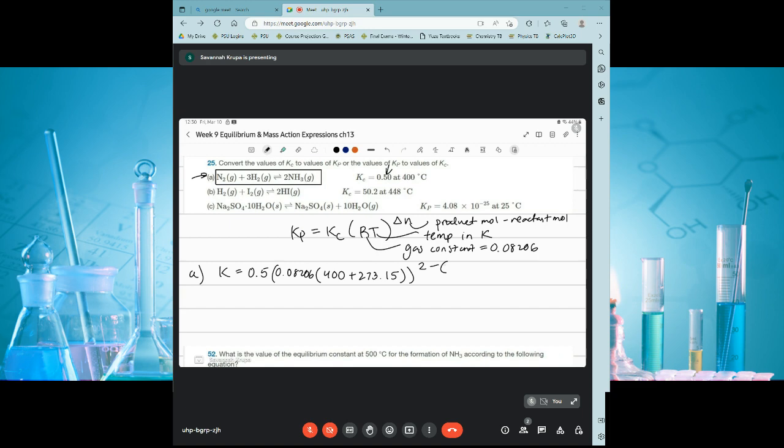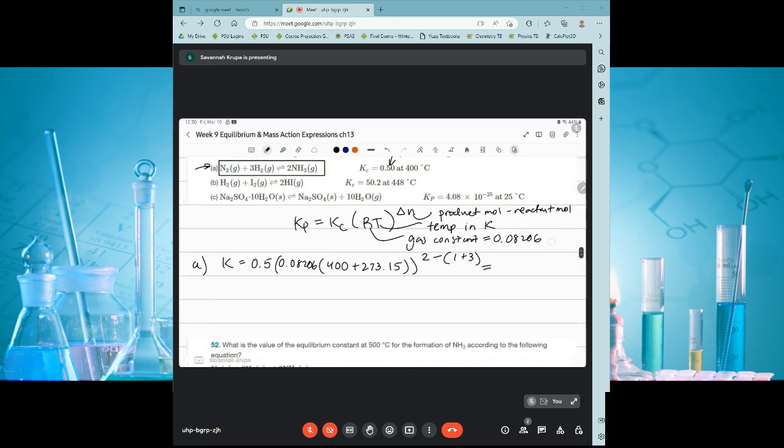So we have an addition of 1 plus 3, and so that'll be 2 minus 4 for the difference. And then multiplying and raising everything to that power, we will get a value of 1.64 times 10 to the negative 4 as our Kp value.